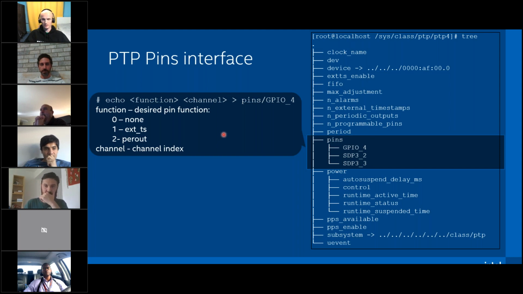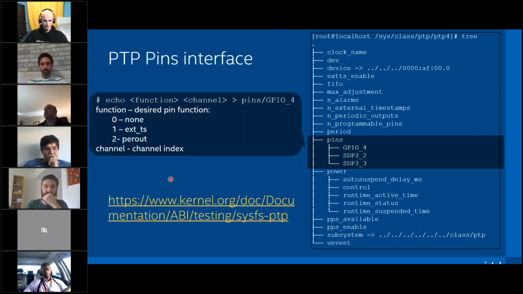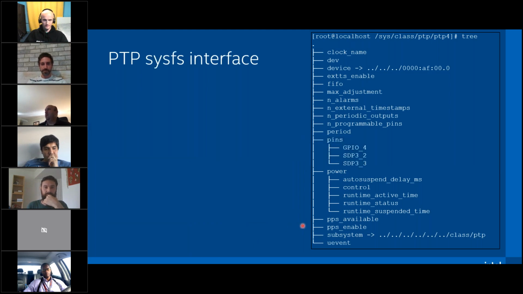Those pins are configured by echoing the function followed by the channel into this file. The functions could be either 0 for no function, 1 for external time source, which is the input, and 2 for periodic output, which is the output. More details on that can be found in the documentation.